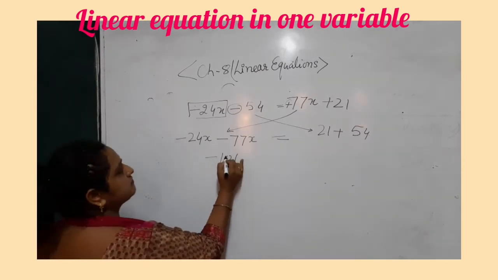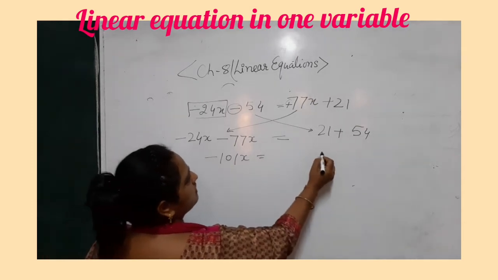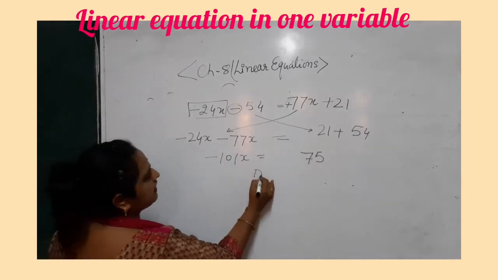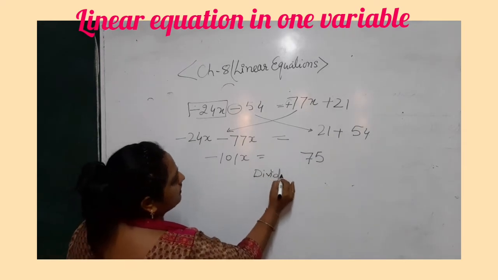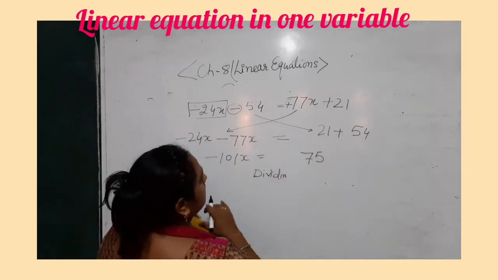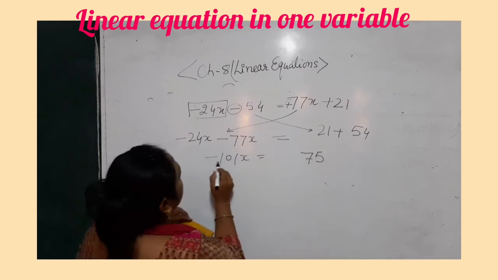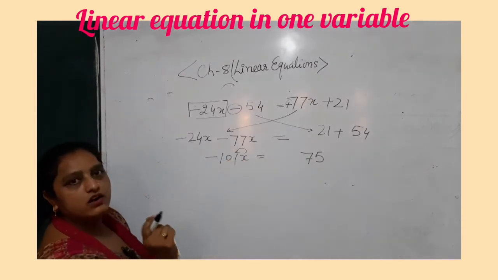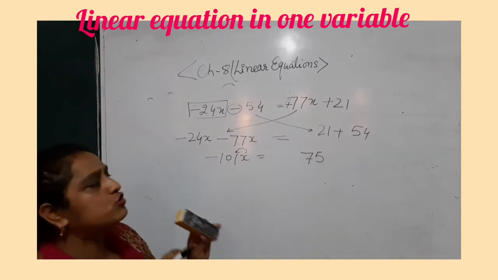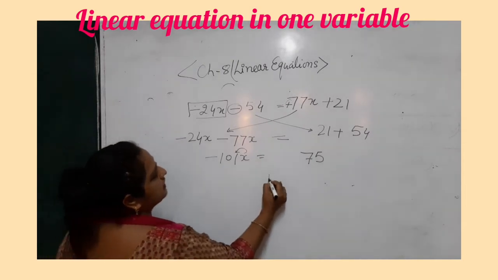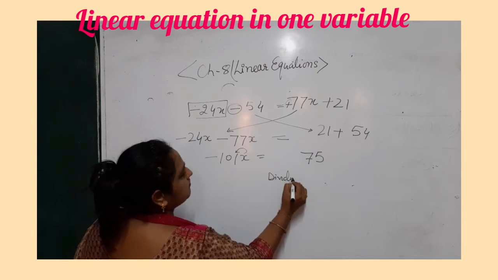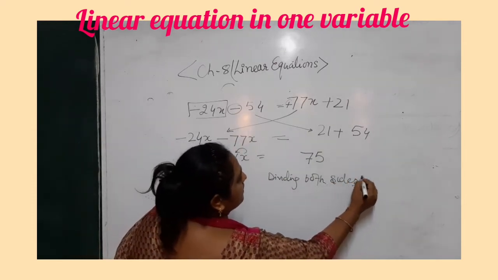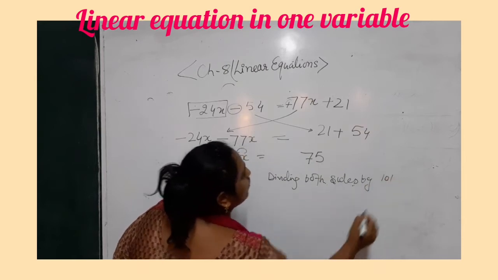Minus 101x equals 75. Yes, dividing both sides, what is the coefficient of variable x? Minus 101. So that's why we have to divide both sides by 101.